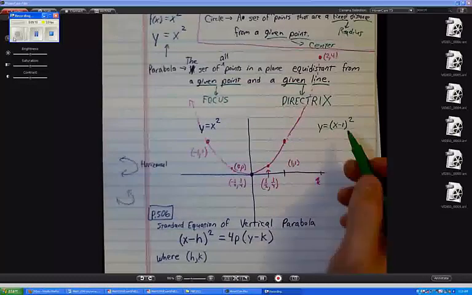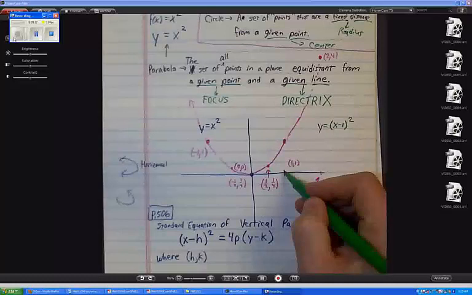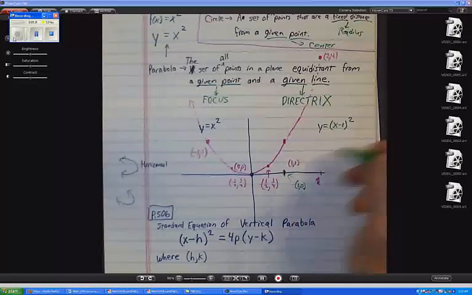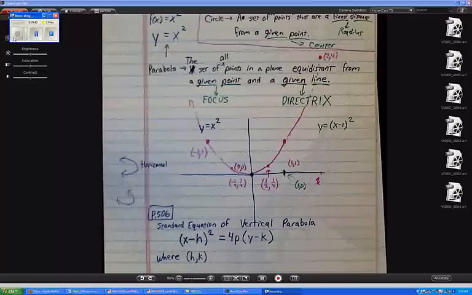Well, let's think for a minute. What kind of shift is this? Is it vertical or horizontal? So I'd have the same thing, except where would the vertex be? It would be right here at 1, 0, right? You understand that? So h comma k is in fact going to be the vertex.